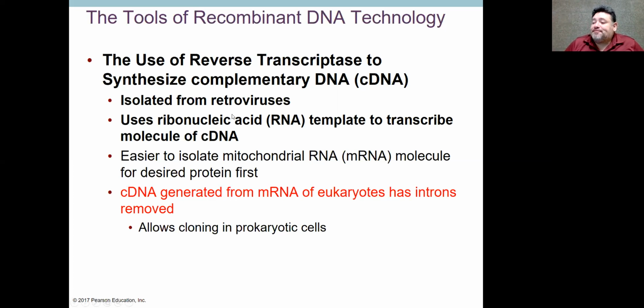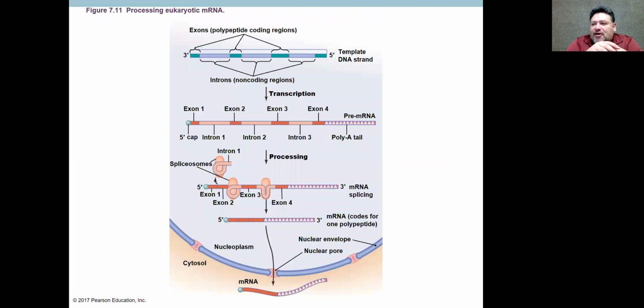So let's take a look at why this is important. We're going to go from microorganisms to animals such as ourselves. So let's say for the sake of argument that we're making insulin, okay? The reason I like to pick on insulin is twofold. First, these days you can't throw a rock without hitting somebody who's diabetic.